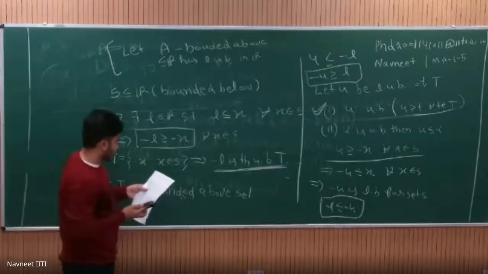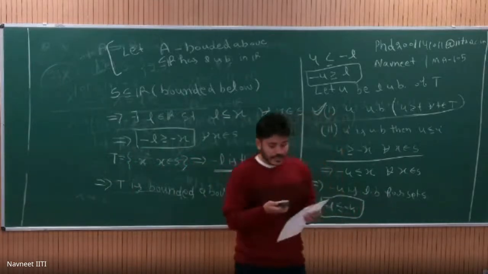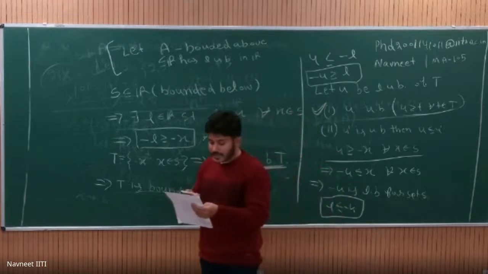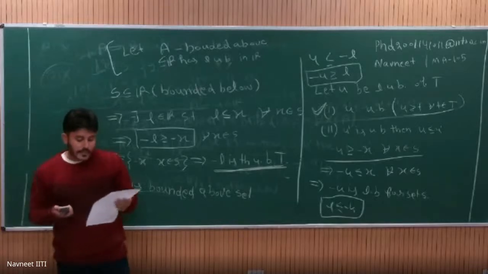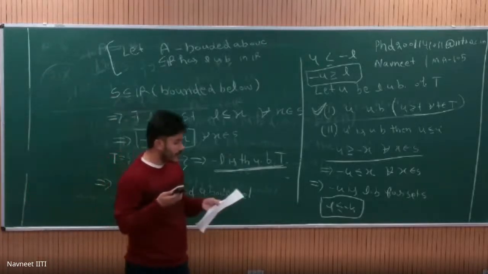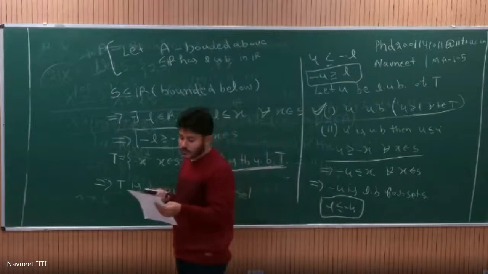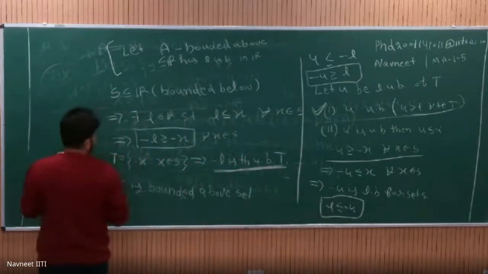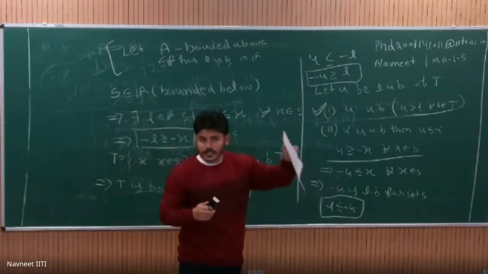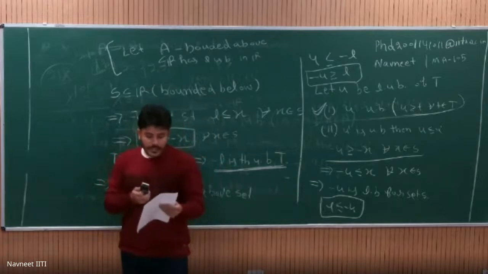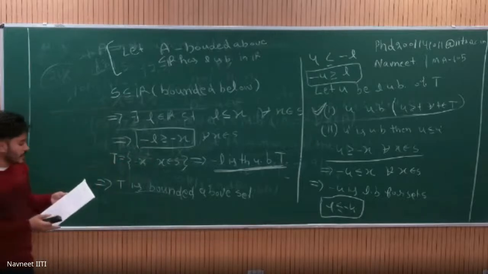One more thing I want to tell about question 4: the statement is that any bounded above subset in R has a least upper bound in R. But in question number 5, the set S is bounded above in Q, but it does not have any least upper bound in Q. That means R has a special property: if it has a bounded above set, then it must have a least upper bound. But in the case of Q, the property is not true. The name of that property is the completeness property.